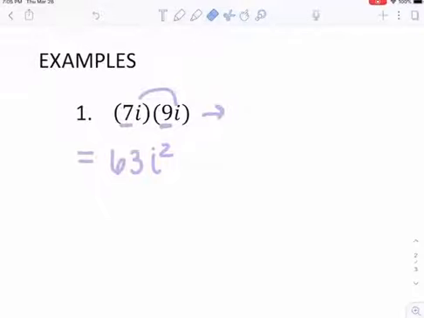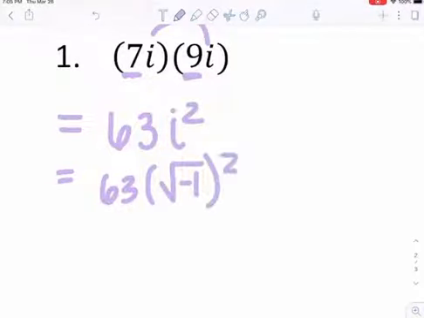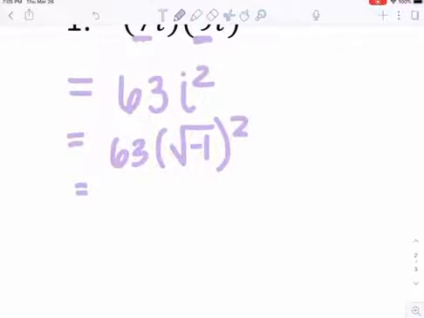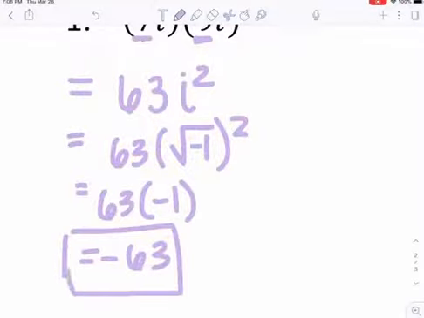It's just that i represents an actual number. So I'm going to replace i with what we know it's equal to. So 63, and this is the square root of negative 1 squared. Well, like we said, the square root of negative 1 squared gets rid of the square root, and I'm just left with a negative 1. So this is saying 63 times negative 1, which is equal to negative 63.